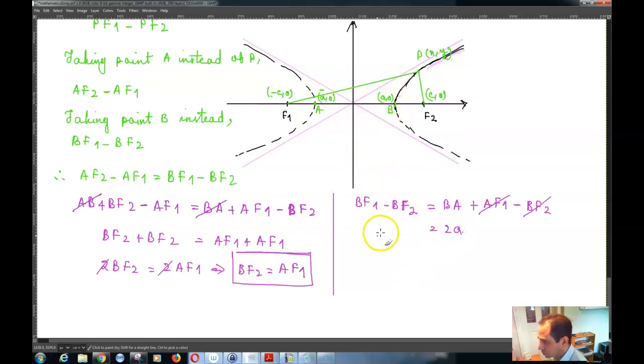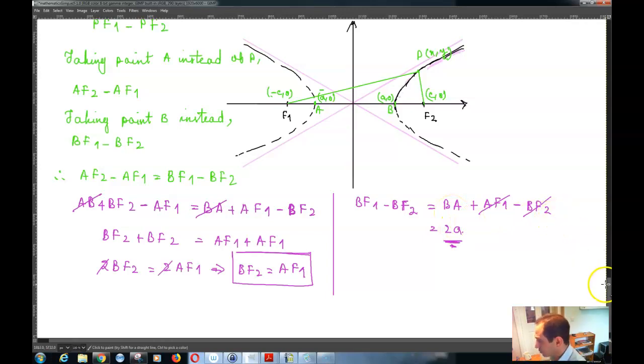So any point that you pick on your hyperbola, for example this point P, and subtract this distance from this distance, that is going to be equal to 2A. So that constant that we were talking about is actually equal to 2A.